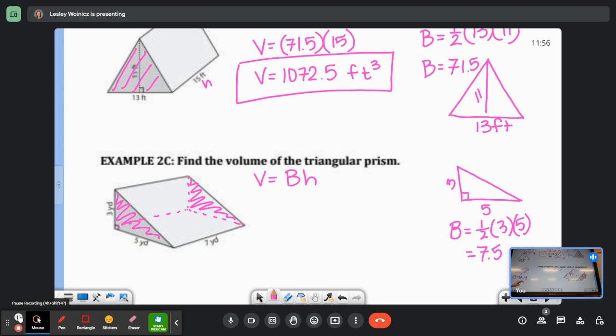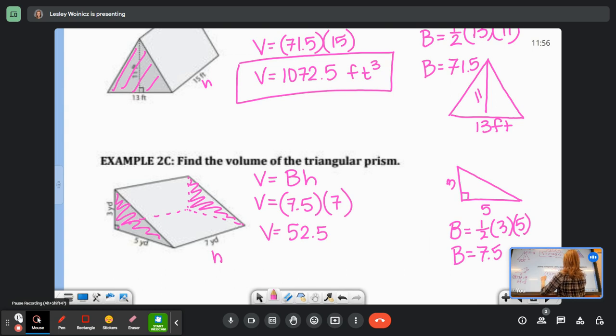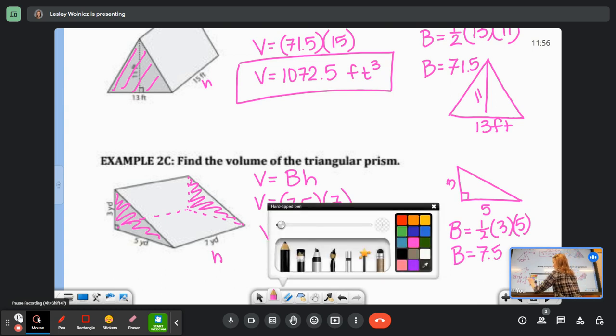Okay, so I'm going to plug that in. So my volume is my 7.5 times my height of, is that 7? Yeah. All right. 52.5, and this will be cubic yards.